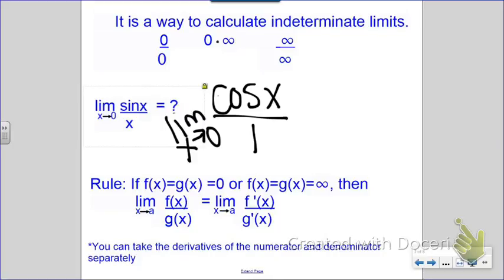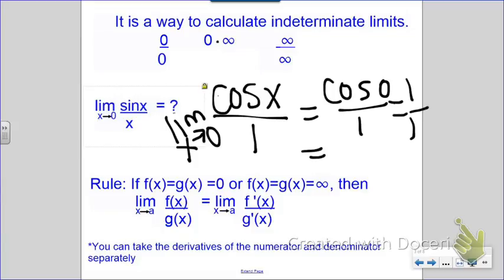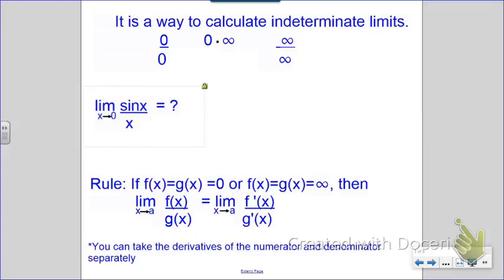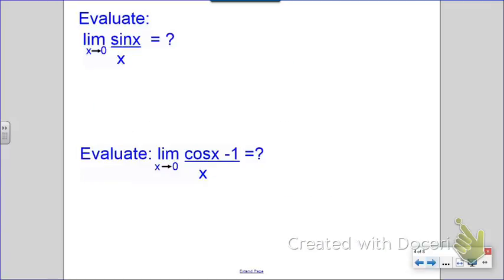We'll do infinity in a little bit. We get cosine of 0, which is 1, over 1. So the limit is 1, which is what we originally found graphically. So we know that the limit of sine of x over x as x approaches 0 is 1.